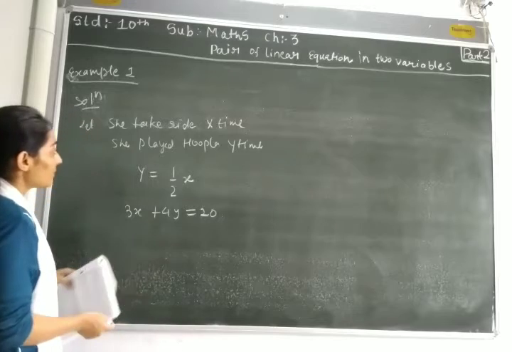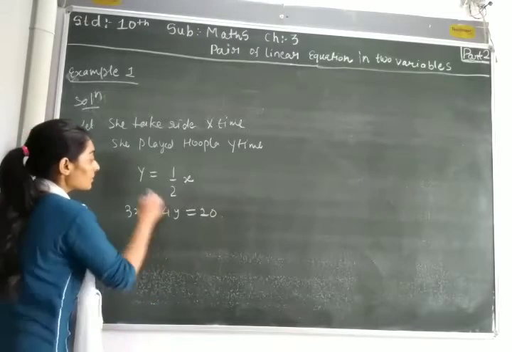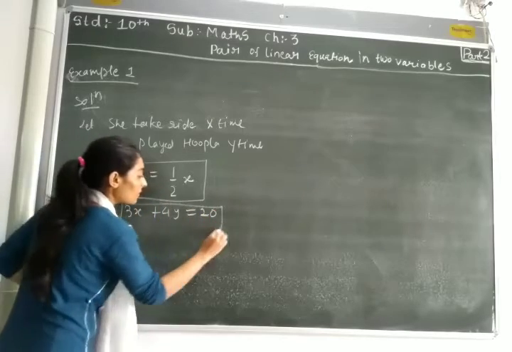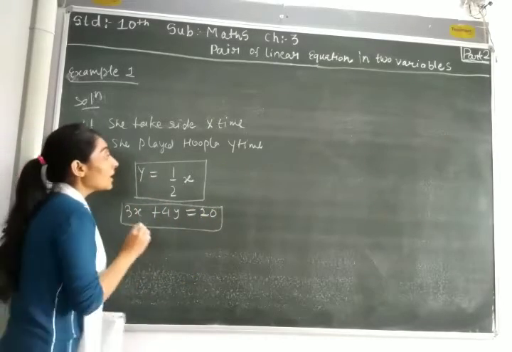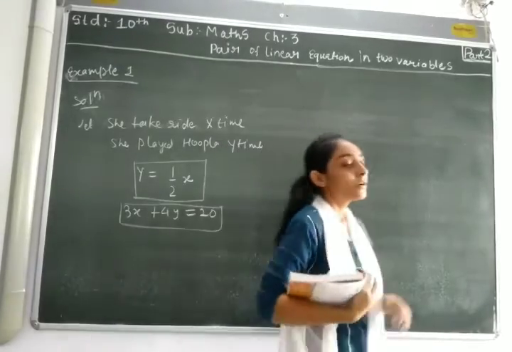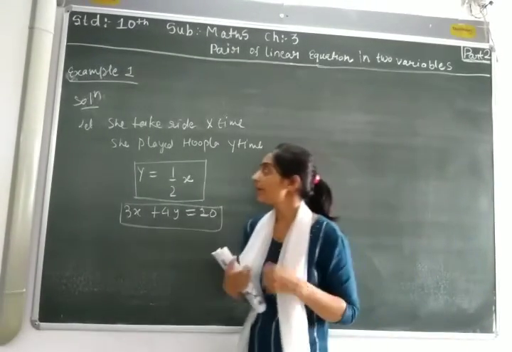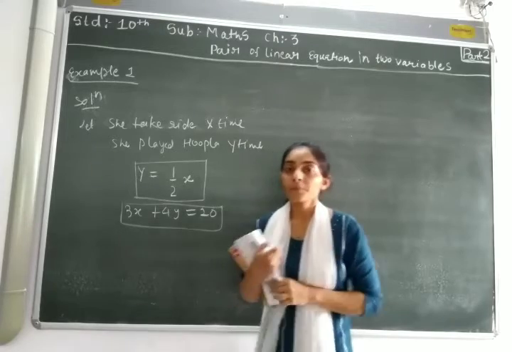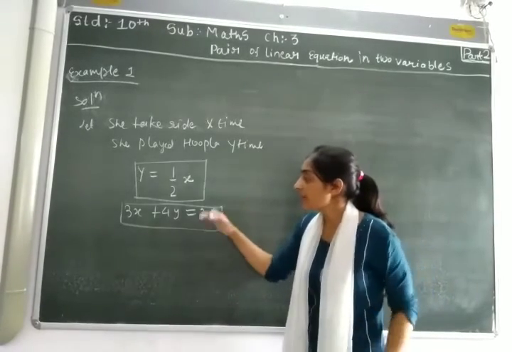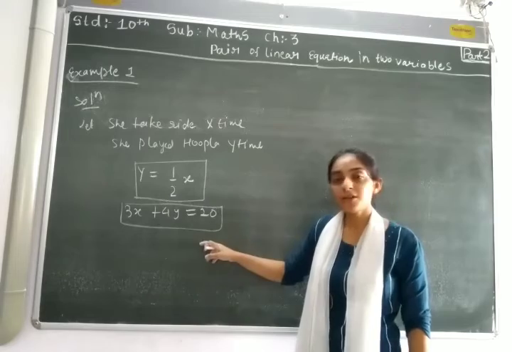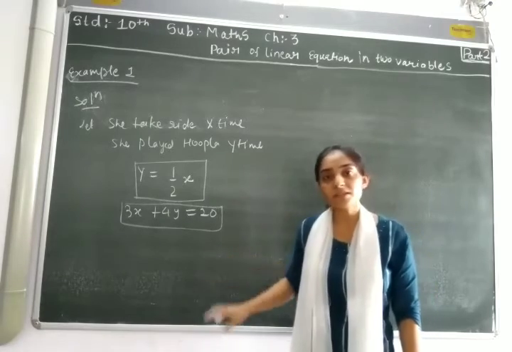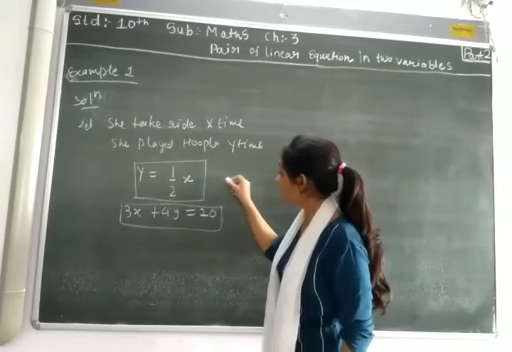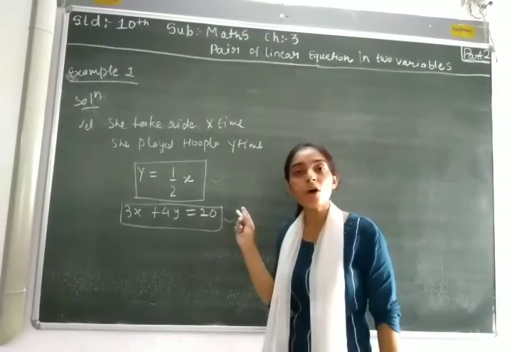Now solve this equation. Look at over here. There are two parts given. First you have to find its algebraic expression. So this way we can represent it in algebraic form. Algebraic form means certain variables are there, constants are there. So this is nothing but a representation in algebraic form.